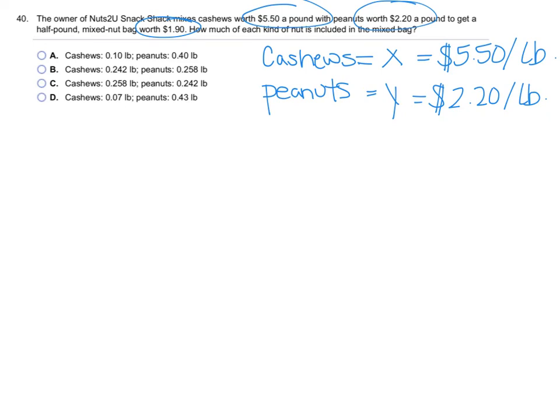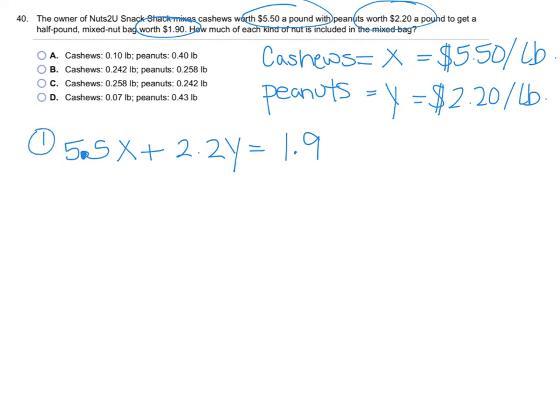My first equation is going to deal with the monetary amount. So instead of $5.50, I'm just going to call this 5.5. And this is how much the cashews are a pound. So 5.5 times x plus 2.2 times y will give me an amount of $1.90, which is 1.9.